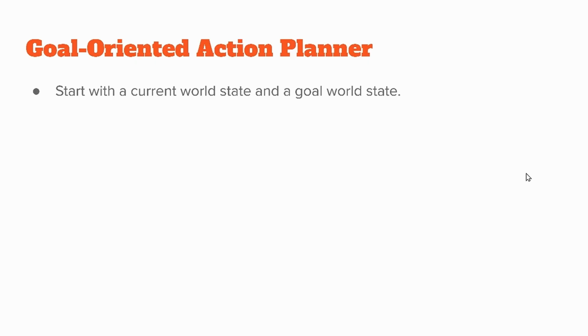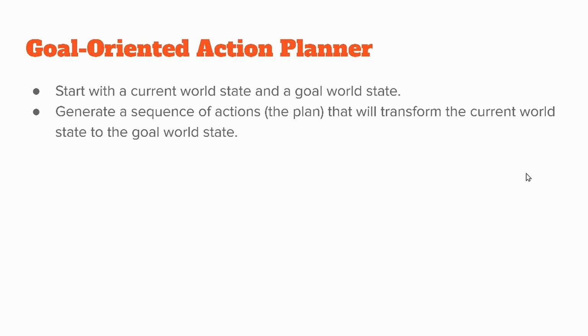That goal world state might be kill the player. And the agent generates a sequence of actions, a plan, that will transform the current world state to the goal world state. So, for example, a plan that will kill the player. So it essentially builds a search tree on the fly. And again, this is why pathfinding and searching is so important to AI.